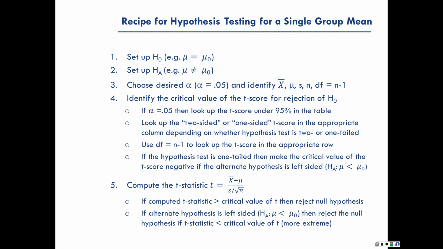So if the t-statistic that you've computed is greater than the critical value of t that you looked up in the table, then you reject your null hypothesis. If your alternate hypothesis is left-sided, then you reject the null hypothesis if the t-statistic is less than that critical value of t that you've looked up in the table.